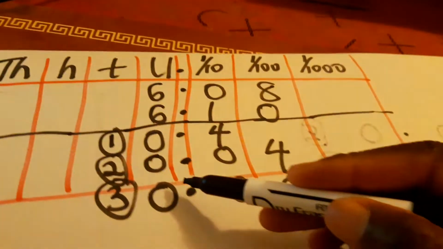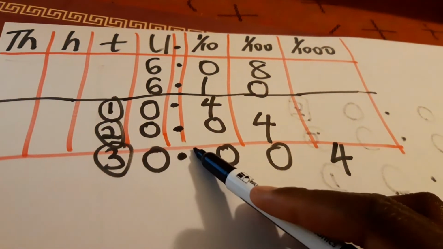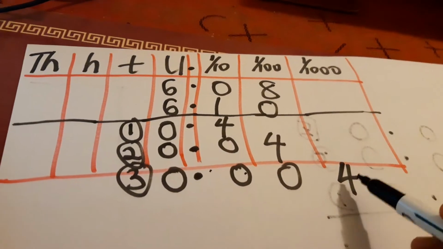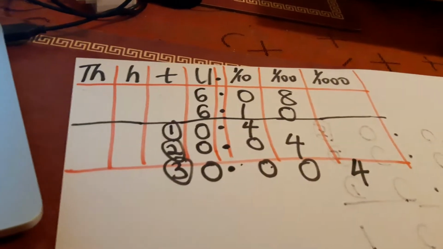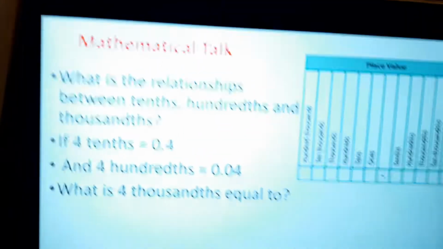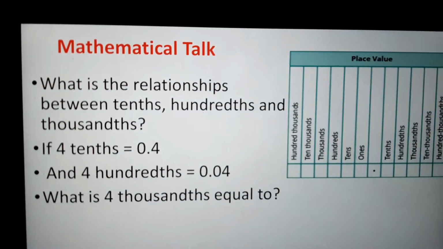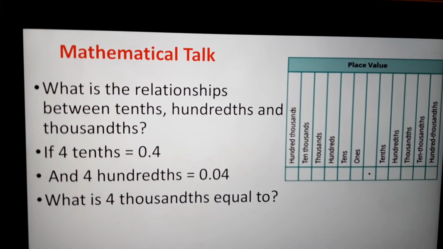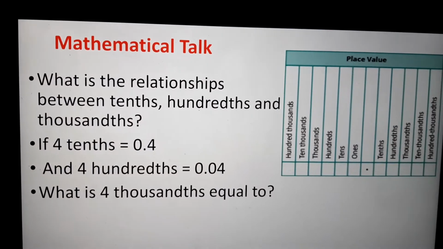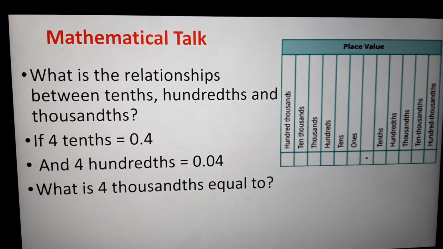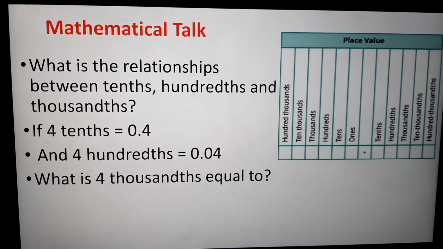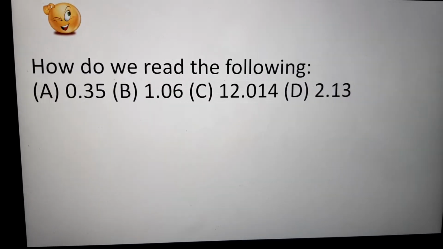And I know that 4 thousandths is equal to 0.004. Okay. Again, this is very, very simple and easy to do. As long as you have your place value grid, you can put in the numbers, and then you can tell which number is in which column and what it represents.